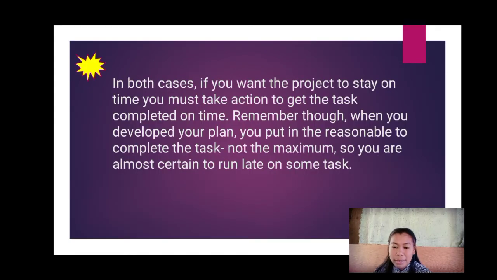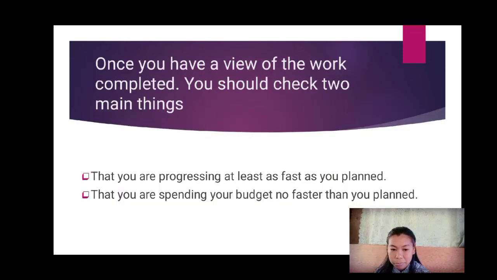In both cases, if you want the project to stay on time, you must take action to get the task completed on time. Remember, when you develop your plan, you put in a reasonable time to complete the task, not the maximum, so you are almost certain to run late on some tasks.